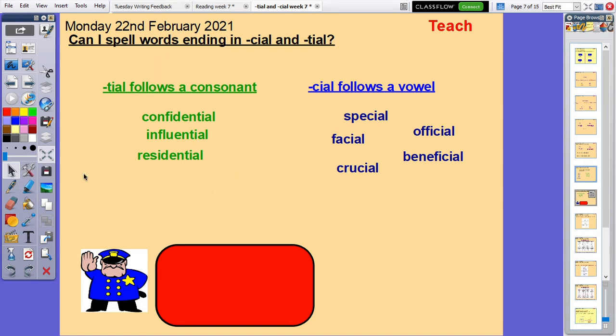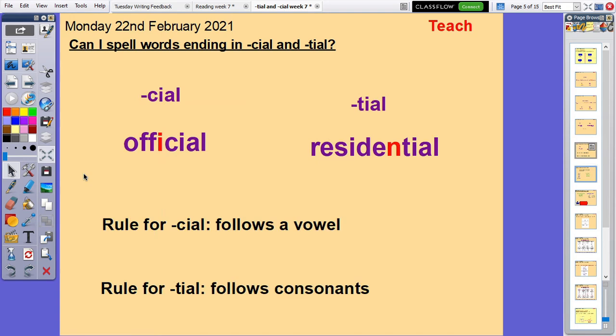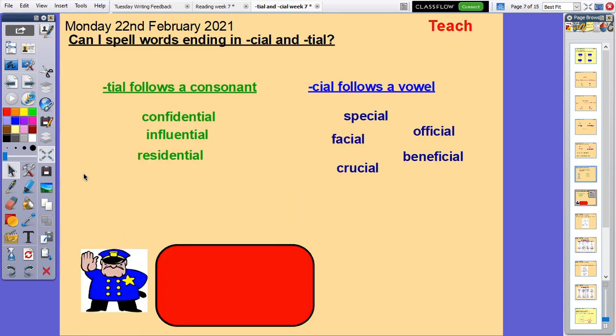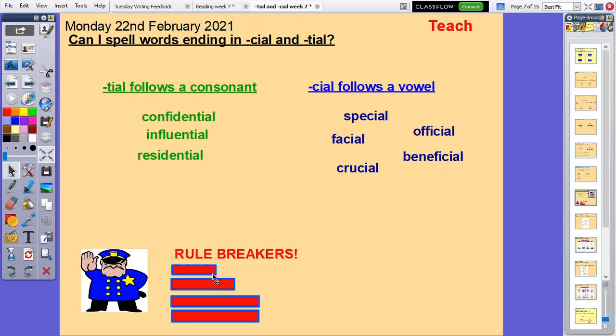Now I did say when we came up with our rule that there are always exceptions to the rules, and here next to my policeman we've got some rule breakers. So these are words that don't follow the consonant and the vowel rule. So the first word that is a rule breaker that you do need to be aware of is initial. And that's with a T and a vowel.